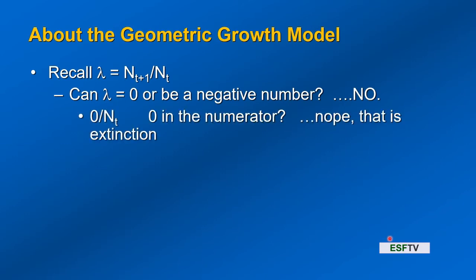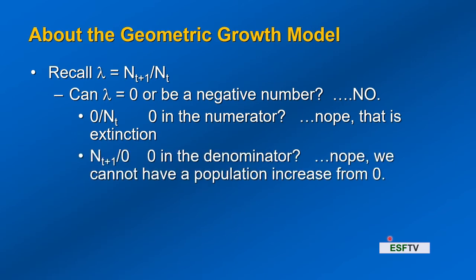The reason for that is you can't have 0 in the numerator because you don't have any species. They're extinct, at least locally. So there's no way to get more if you don't have any to start with. That's easy. The other one is sort of a mathematical non-starter, but let's say you could start with 0 in the denominator.